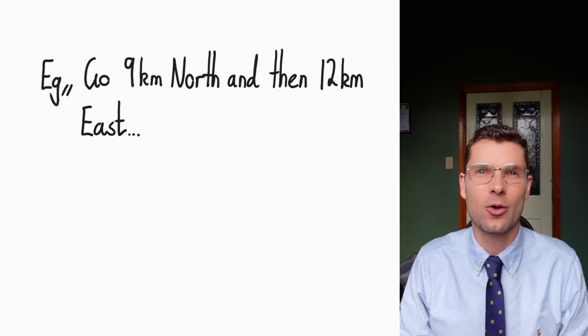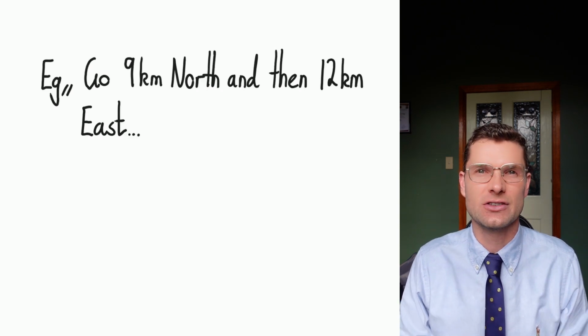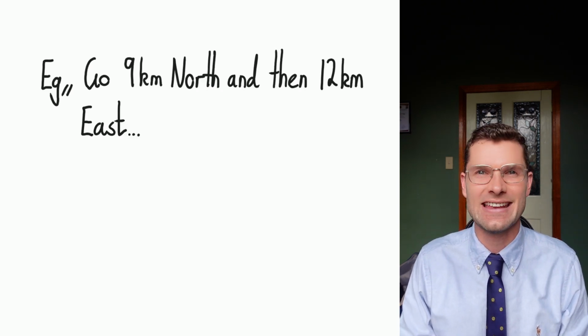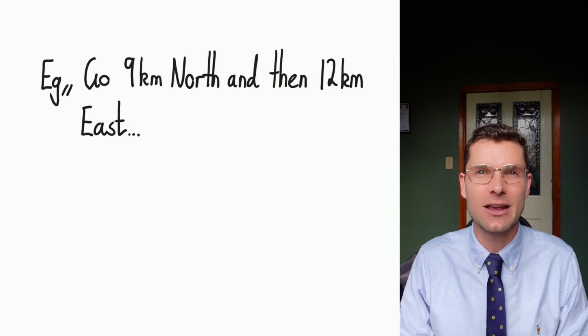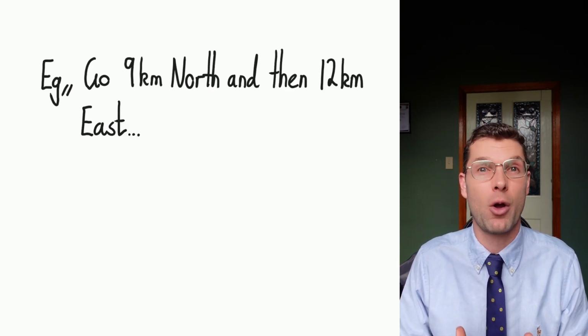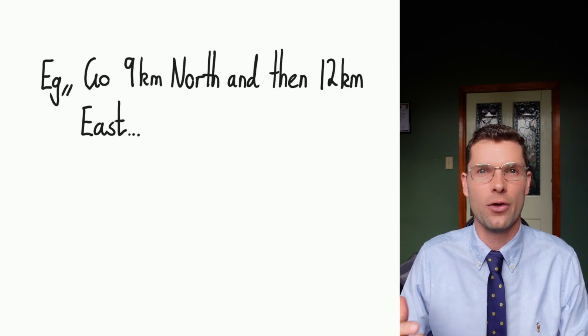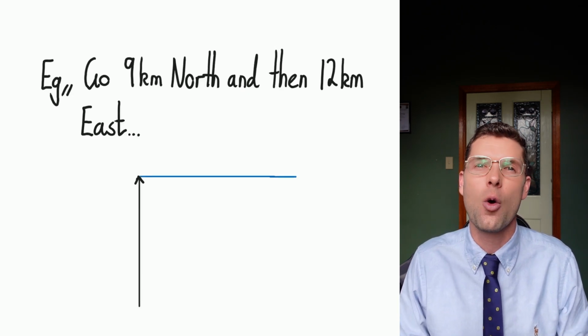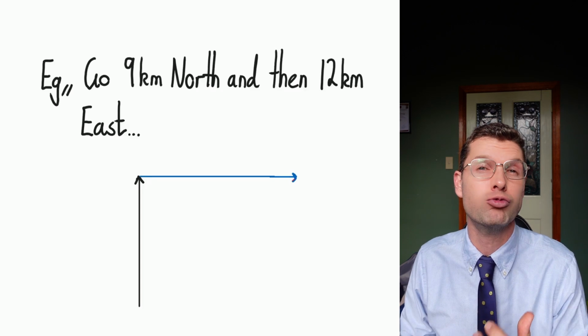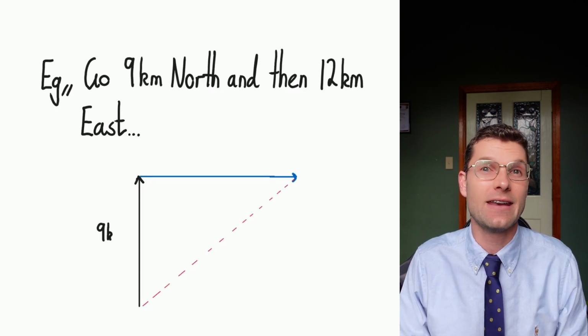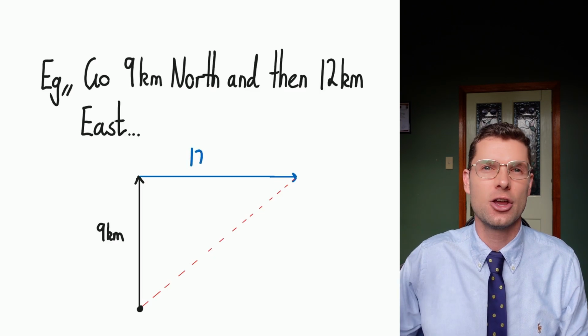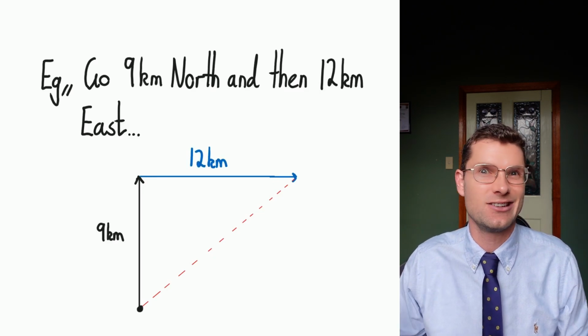So if we had a look at a question like this, we've gone 9 kilometers north and then 12 kilometers east. Where am I compared to where I started? The best thing about these is because we are using perpendicular directions, north, east, south, and west, when these two things come together, a right angle triangle is always formed. So I'm trying to find out the distance from where I started to where I finished, and it's just a right angle triangle.